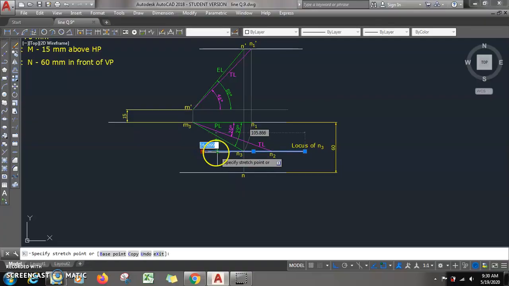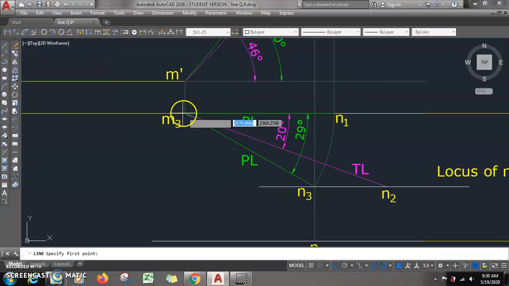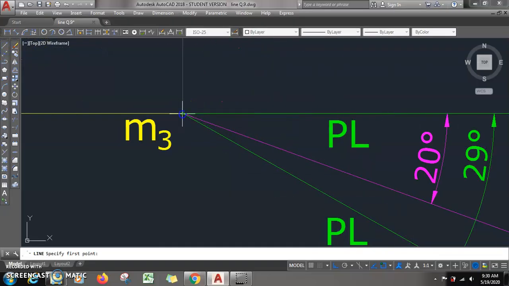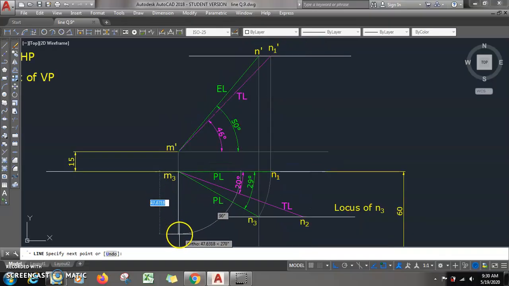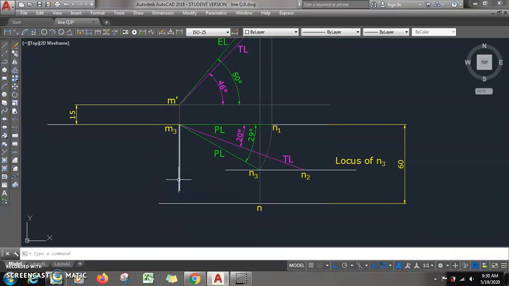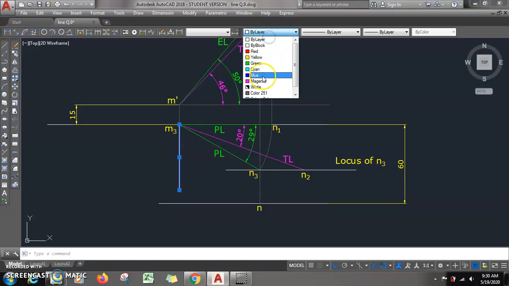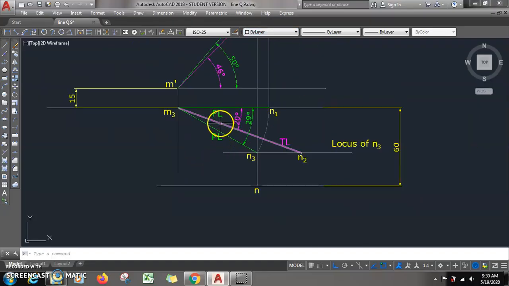Okay, so what next? Next thing is what? From M3, let us draw one vertical line like this. Okay. Now what will we do?